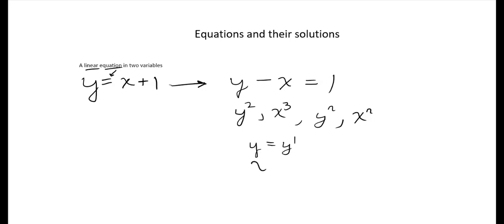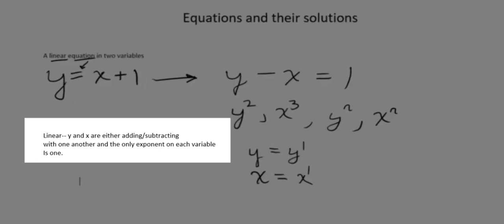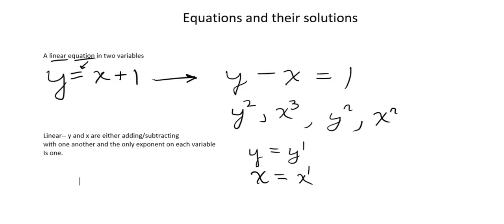So y is really y to the 1 power, x is really x to the 1 power. Let's just summarize what makes this a linear equation. Now you're also going to notice that when we start graphing these equations, they're also going to have a linear pattern.